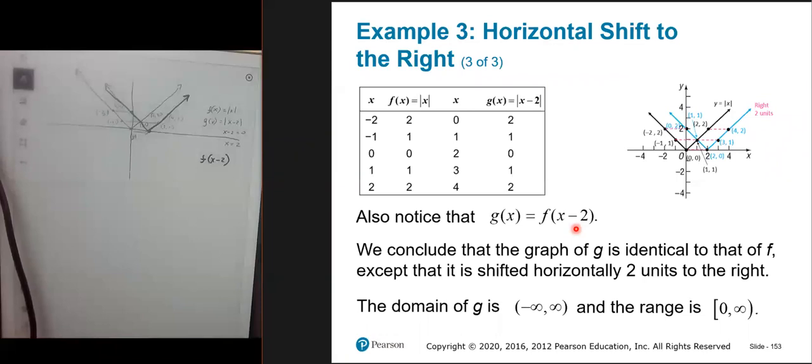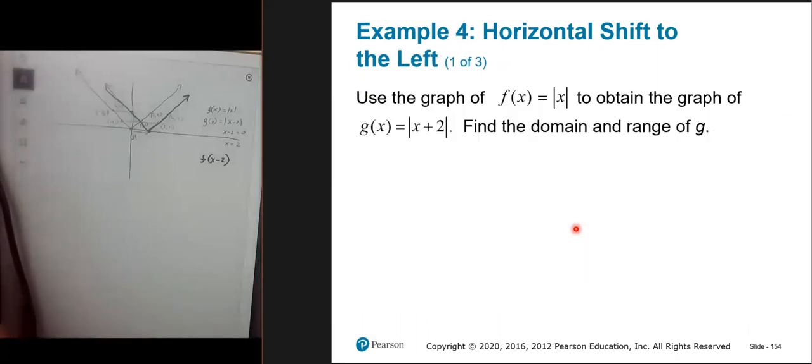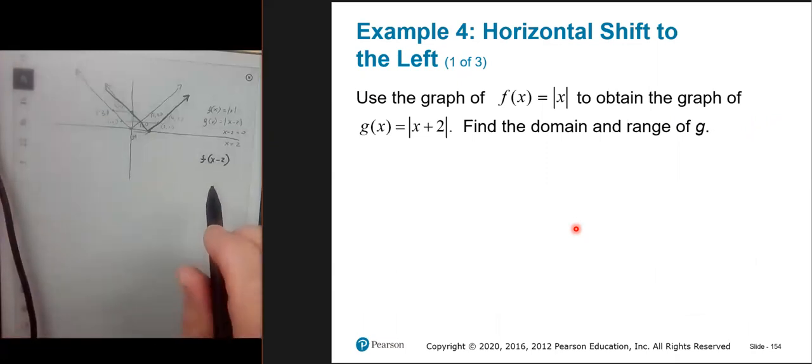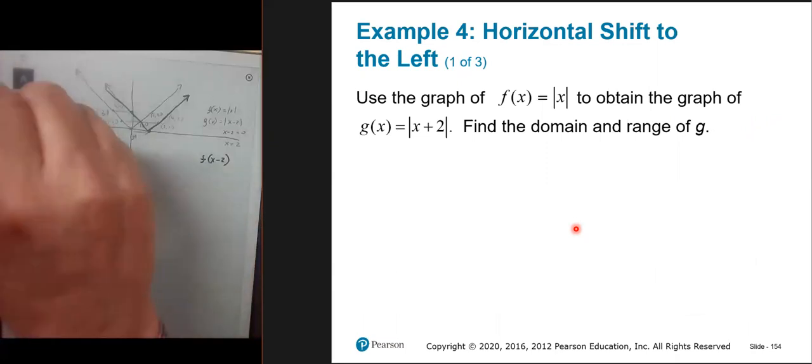And the range didn't change because we didn't do anything to change the smallest y value. So now they're asking for a different one.